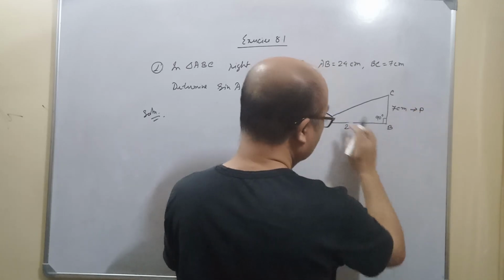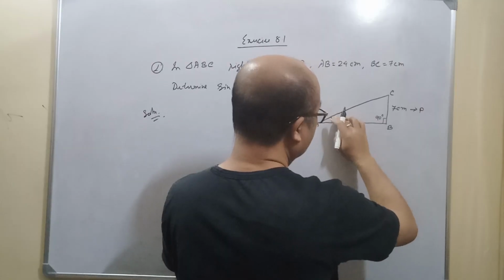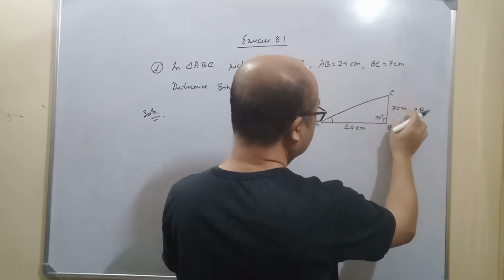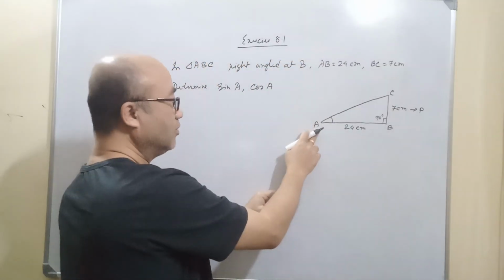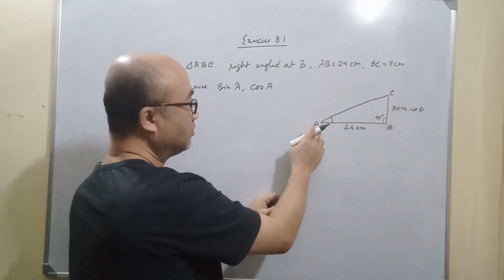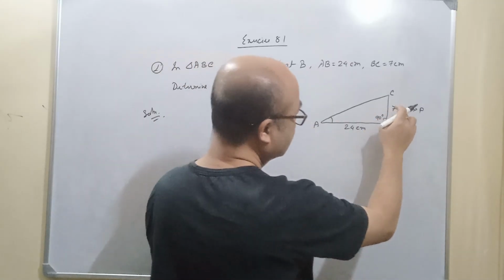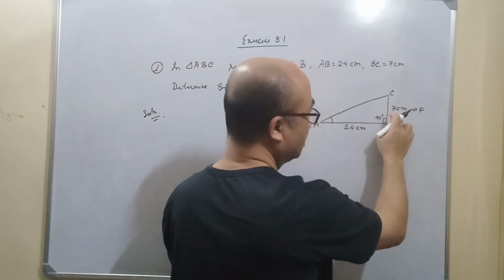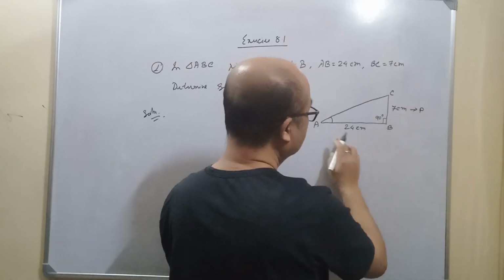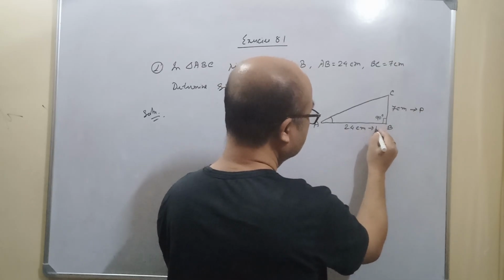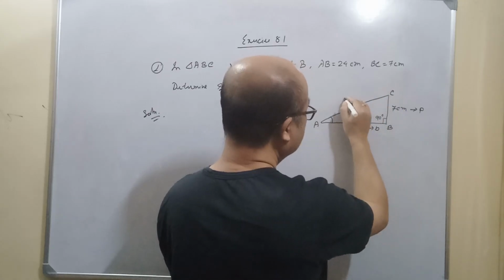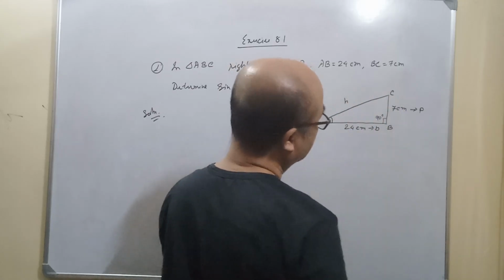perpendicular, opposite side to the acute angle that we are taking here, sine of A. If we have to find sine of A, then we have to consider this side as the perpendicular, the opposite side. So this is perpendicular. The adjacent side is the base, and of course AC is the hypotenuse, right?